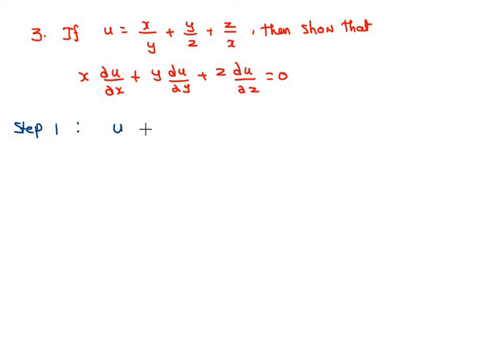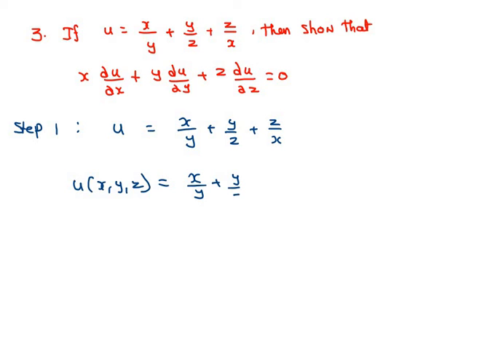It is given u is equal to x by y plus y by z plus z by x. So here u is a function of three variables x, y, z. So u of x comma y comma z is equal to x by y plus y by z plus z by x. Now we are verifying whether the given function is homogeneous or not.